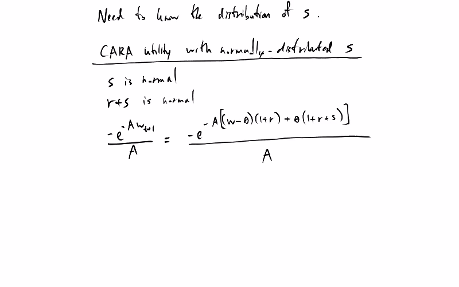Now take a look. You should realize that everything in this utility function is constant except for the risk coming from the risky asset.